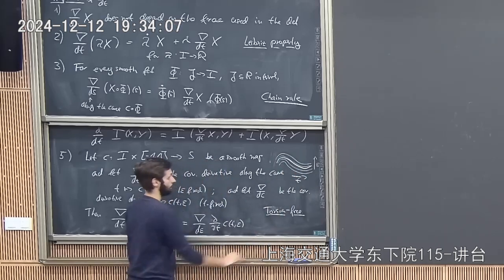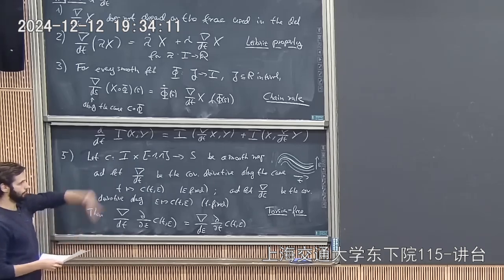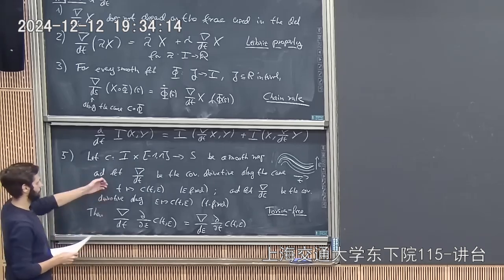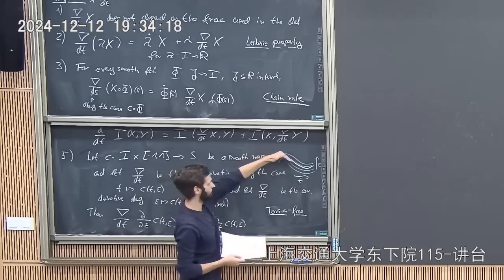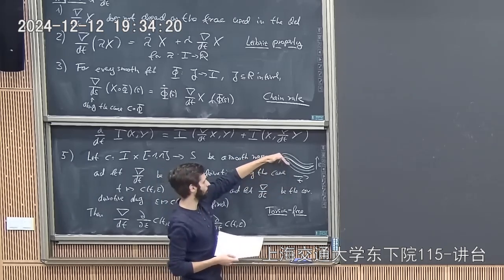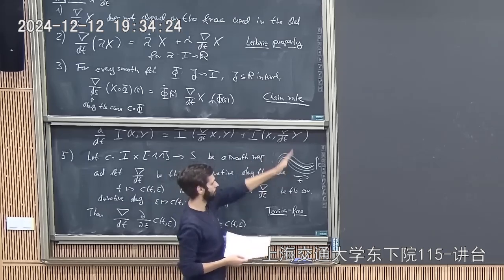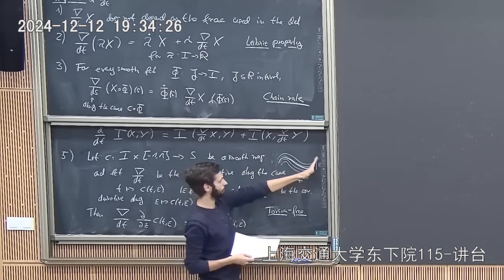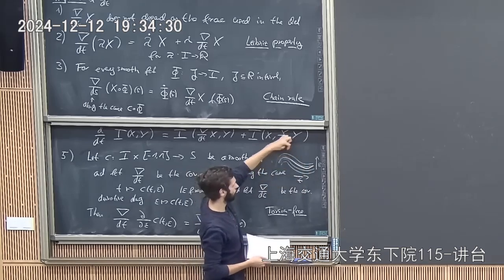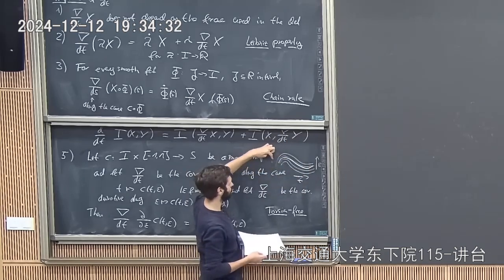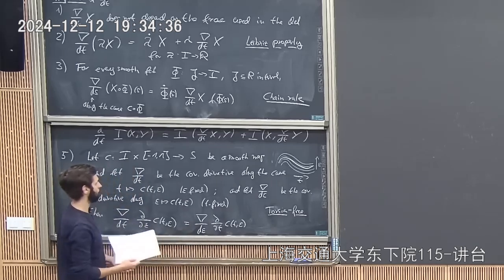So that's the picture that you should have of this c(t, epsilon). You can think of that as a family of curves. And then it doesn't matter if you first take the derivative in t direction, which is a vector that is tangent to a given curve, and then you take the covariant derivative in this direction, or if you first take the partial derivative in this direction, which will be a vector field along, say, the white curve, and then you take the covariant derivative of that vector field.